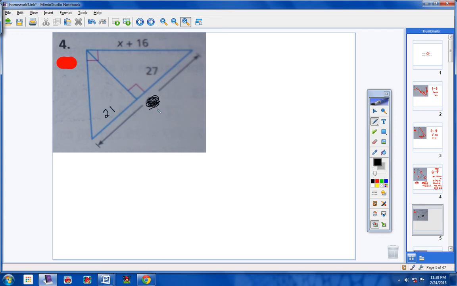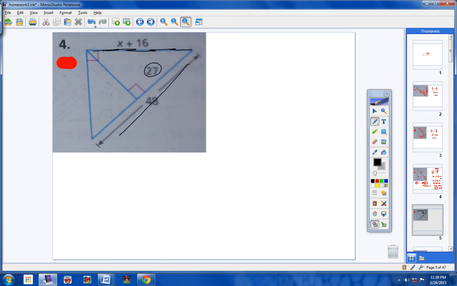And I would expect you to know that this side here is not the geometric mean of this segment and this segment. No, it is the geometric mean of this segment and the entire segment. So I would expect you to add these two numbers together and get 48 right here. Okay? You need to know your stuff, guys. You need to know that this leg here is the geometric mean, not of this segment and this segment, but of this segment and the entire segment.